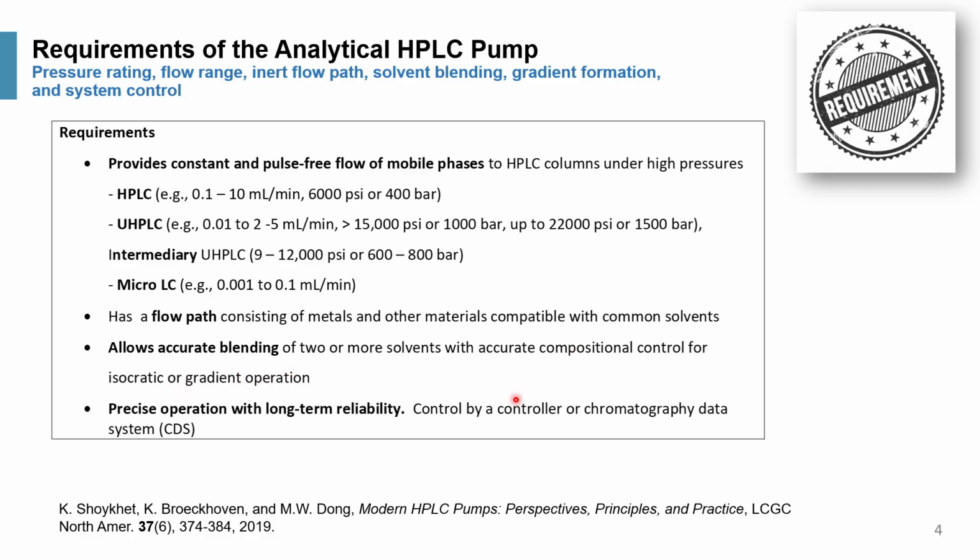So all these solvents need to be degassed. Also, you need very precise operation with long-term reliability, particularly in the pump seal. Pumps are controlled by a controller, ultimately by a CDS or chromatography data system.